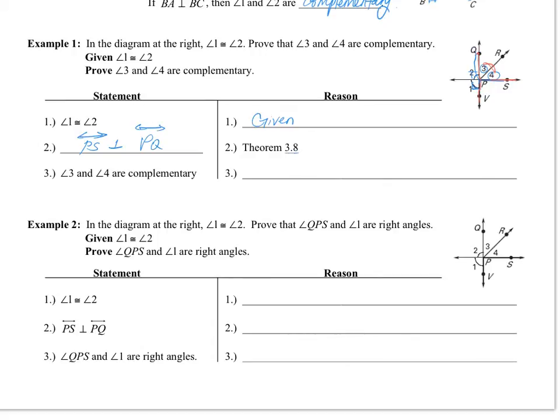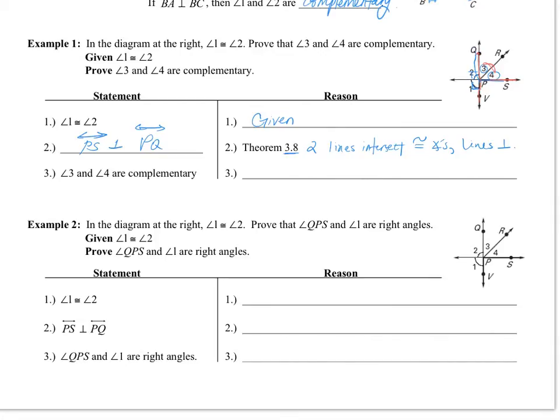And if you don't want to memorize the number here, just write two lines intersect to form congruent angles, and so the lines are perpendicular. If you just write this, I'll know what you mean.